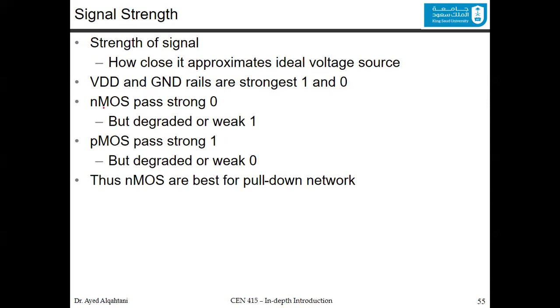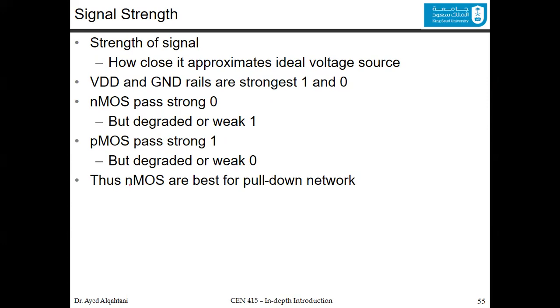Now, by the transistor design themselves, NMOS transistors pass a strong 0, but degrade or weaken a logic 1. The PMOS passes a strong 1, but degrades or weakens a logic 0.